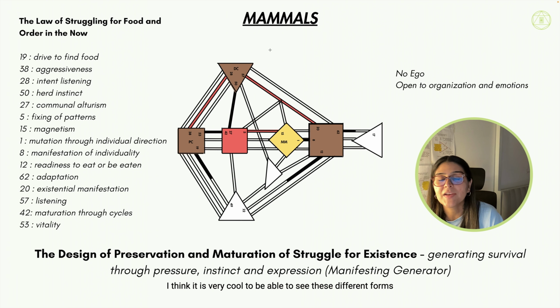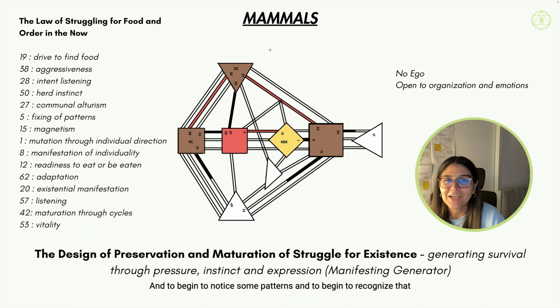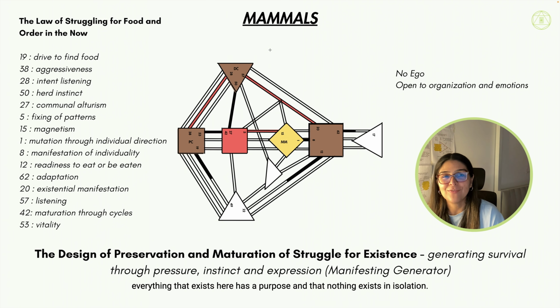I think it is very cool to be able to see these different forms of consciousness from the perspective of their design, and to begin to notice some patterns and to begin to recognize that everything that exists here has a purpose and that nothing exists in isolation.